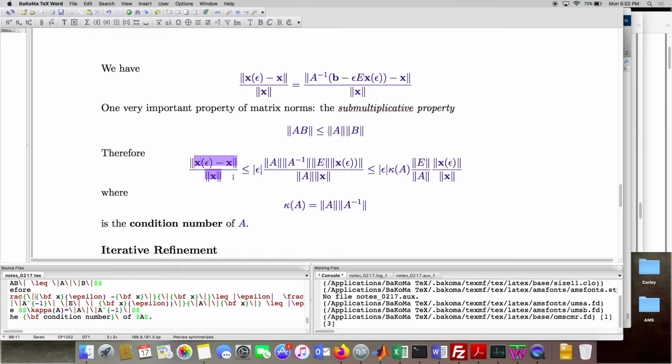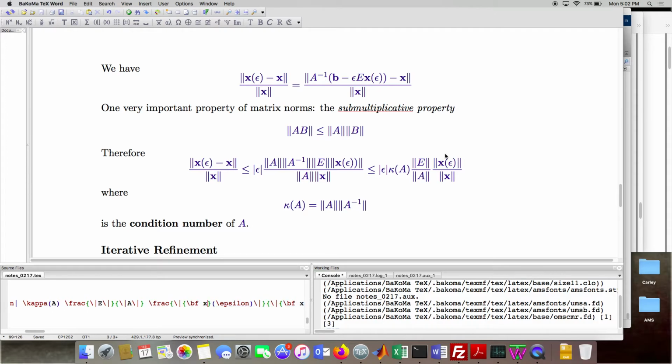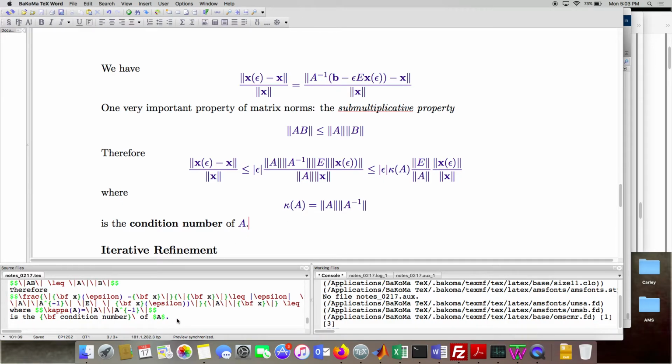Here is the relative change in the solution. This part, because epsilon is small, is essentially going to be equal to 1 anyway. But the point is, the error in the input, epsilon norm of E over norm of A, is amplified by a factor that could be as large as the condition number of A, norm of A times norm of A inverse.